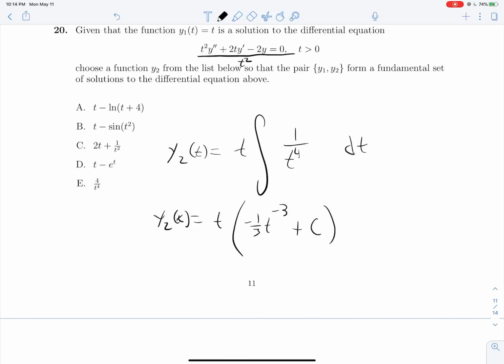Okay, great. So we can expand this out. y2 of t is equal to negative 1/3 t to the negative 2 plus c times t. And so really, whatever coefficients are on here, they don't matter at all. The only thing that matters is that we have a t to the negative 2 term and a t term. And c works perfectly for that. So 20 is c.